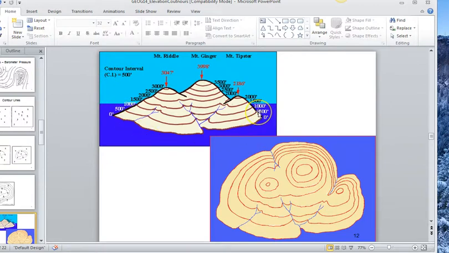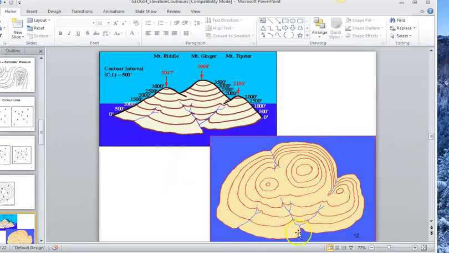So there's 500 feet above sea level, 1,000 feet above sea level, 1,500 feet above sea level, 2,000 feet above sea level, and hopefully at the very top of that little mountain there would be a spot elevation or a benchmark that gives me the exact elevation. Unless I have a spot elevation, I don't know what the top of that mountain is. I just know that it's greater than 2,000 feet and less than 2,500 feet.